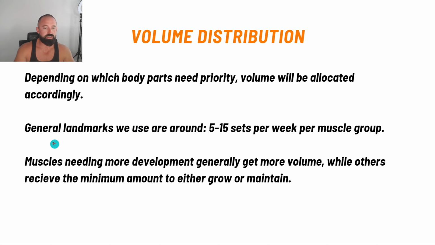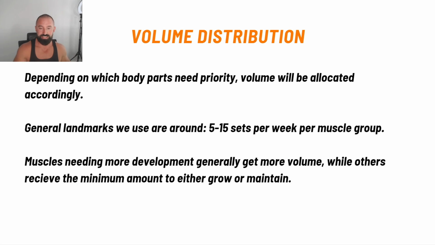So in a lot of cases, muscles that are needing more development generally get a little more volume, providing that we've ironed out the technique side of things, because there's no point in doing more volume on something that people are performing poorly. So let's say, perfect world, we've ironed out the technique stuff. This person now needs more focus on a specific area. We're going to send a little more training volume to that specific muscle group, whilst others are going to take a backseat for a bit.